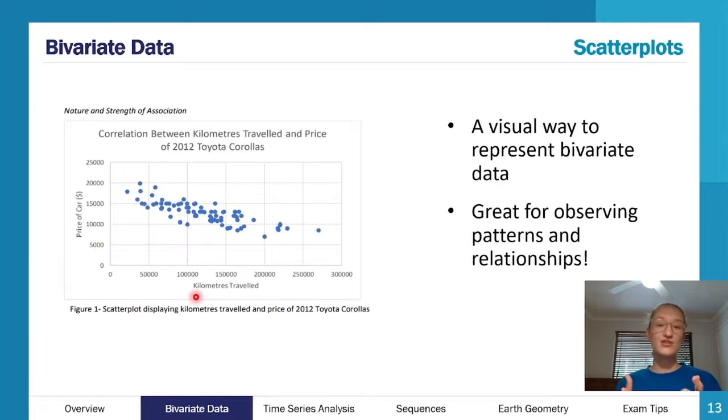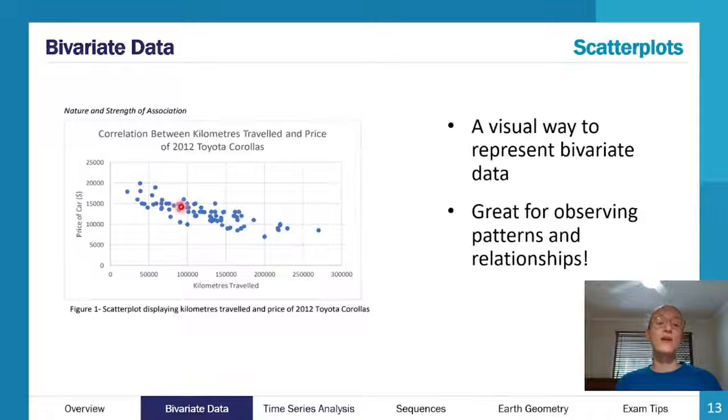So here, kilometers traveled, I thought that was my explanatory variable, because I thought how many kilometers the car has traveled may explain the change in the price of the car. Definitely not the only factor, but I thought it might be a big factor. So this is how I put together my scatter plot.